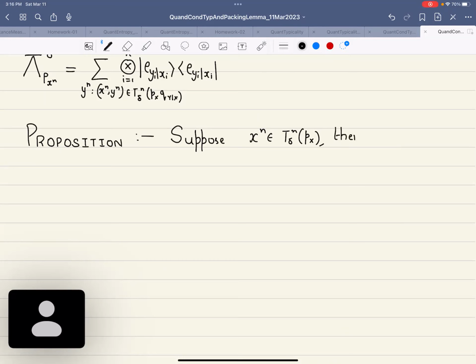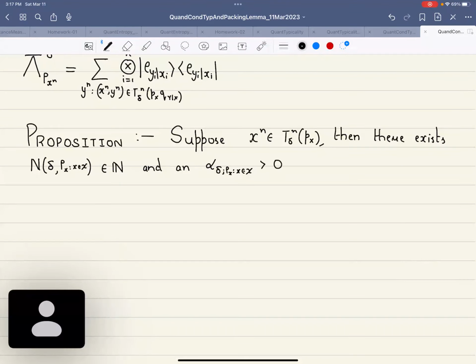Then there exists n delta. Obviously, it depends on this collection of rho x, x belonging to X. So this n depends on the entire collection. There exists this, and an alpha. I will explain all this. Alpha that depends on delta and this collection rho x.